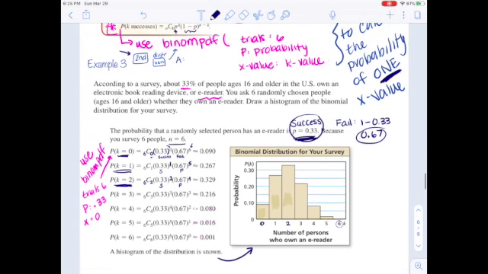So you're probably wondering, how do we shorten up this work? Well, you can use the binomial PDF. To plug into your calculator for this situation, you would get to your binomial PDF through second vars, and you're going to enter 6 for your trials, and the probability p is the probability of success.